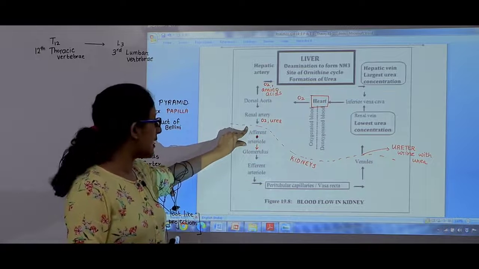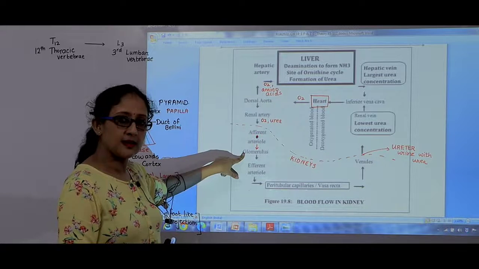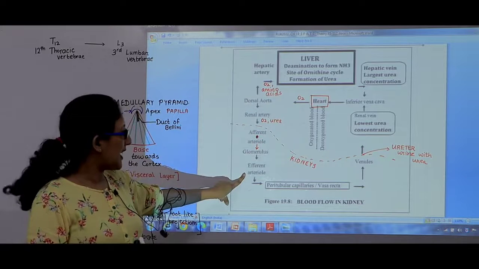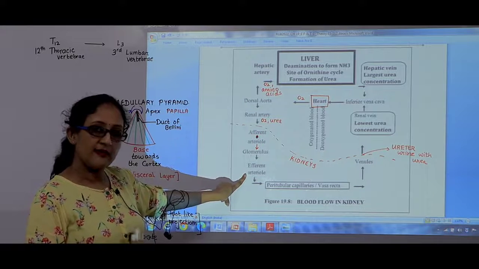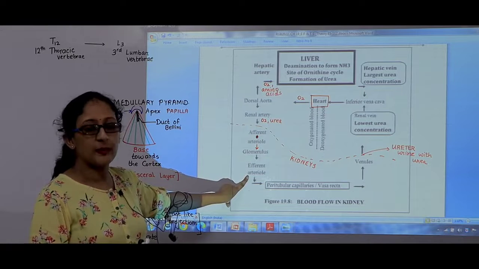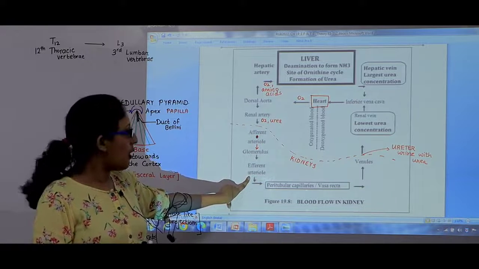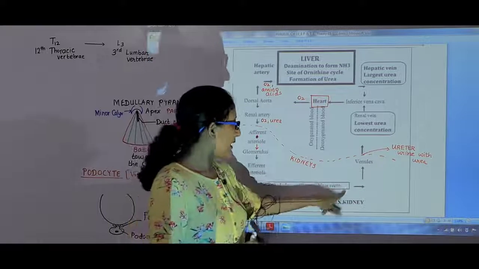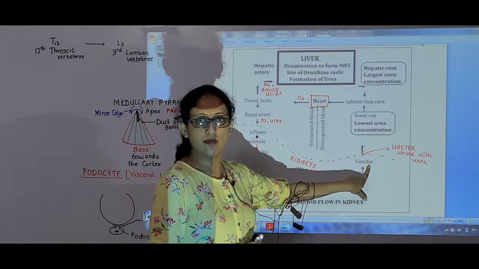The larger diameter afferent arteriole enters the glomerulus, and the smaller diameter efferent arteriole will exit it. The efferent arteriole continues as peritubular capillaries or the vasa recta.